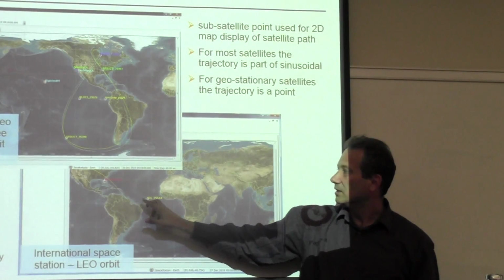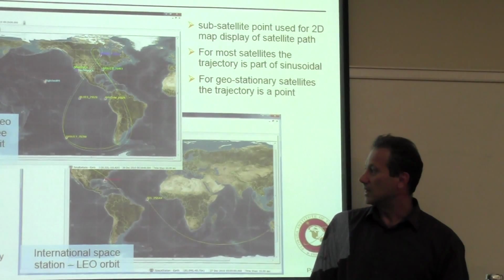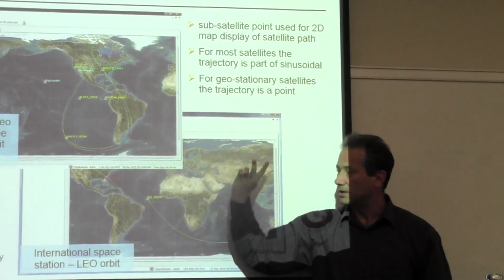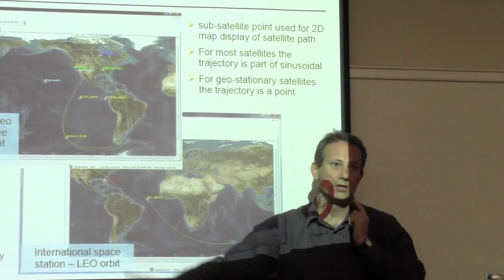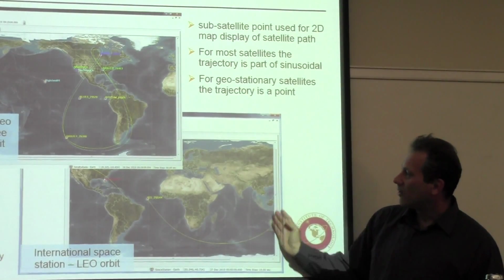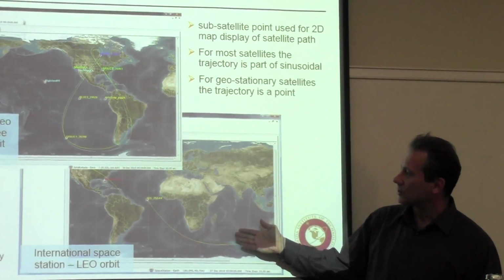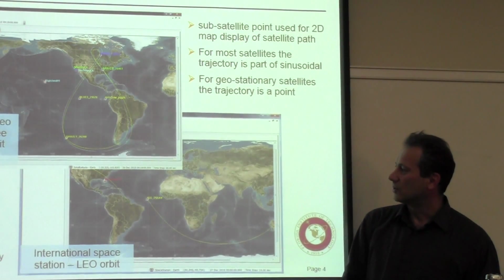And if you look over a period of 24 hours, then it will come somewhere close, right? Because this point of intersection moves as the Earth rotates. So that's how essentially the circular orbit would translate on the surface of the globe.